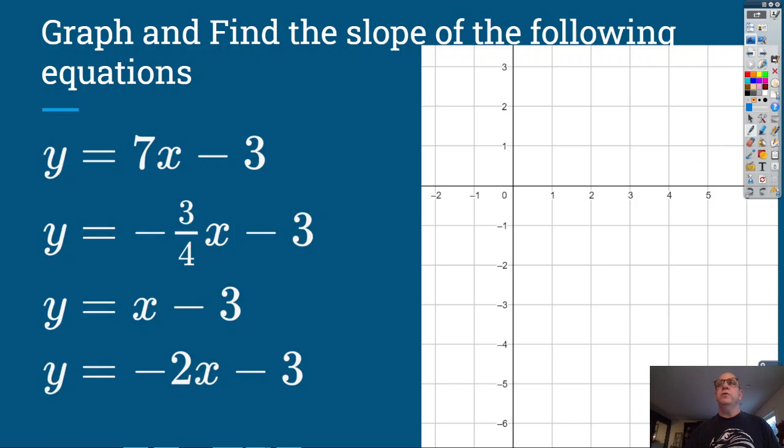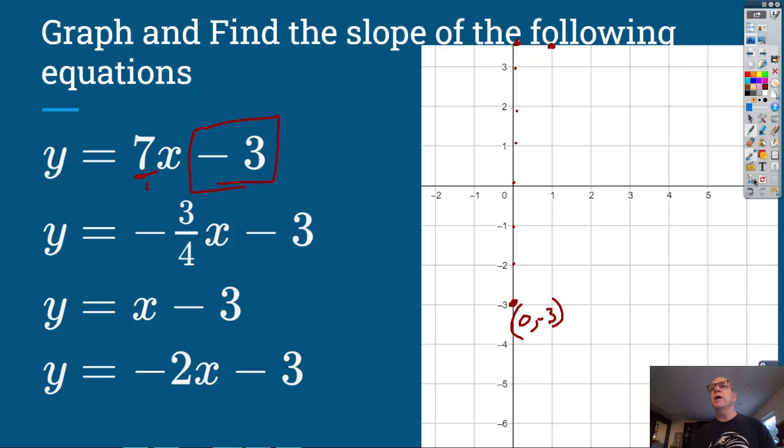So this is very useful information, right? If I have this equation, y equals 7x minus 3, and minus 3 is my y-intercept, that means the line is going to cross right here at 0, negative 3. And the slope is 7, which is 7 over 1. That means I go up 7, 1, 2, 3, 4, 5, 6, 7, and I go over 1, and that's my line.